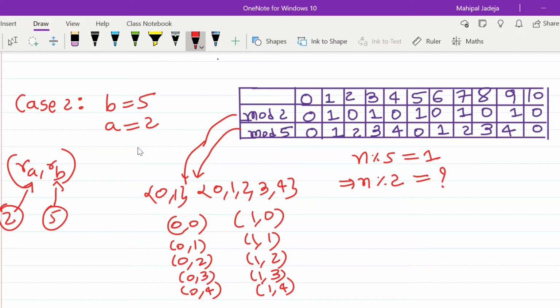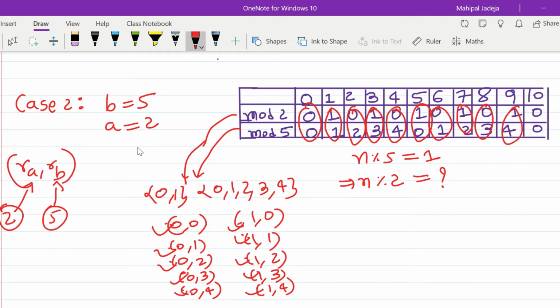And now if we notice, then all these 10 pairs are present here. We can just verify: (0,0) is present. Next one is (1,1), so (1,1) is present. (0,2) is present, (1,3) is present, (0,4) is present, then (1,0) is present, (0,1) is present, (1,2) is present, then (0,3) is present, and then (1,4) is present.